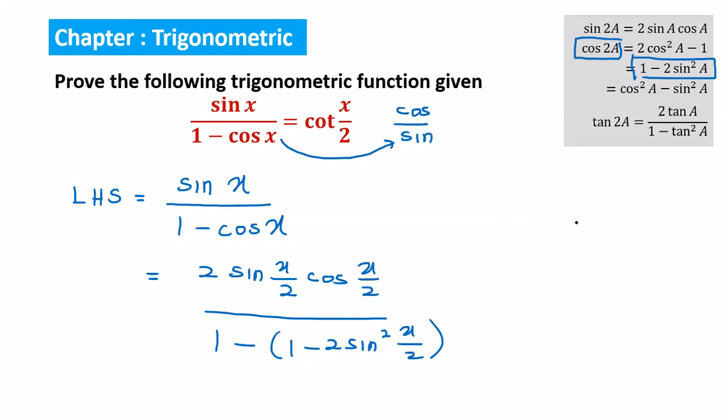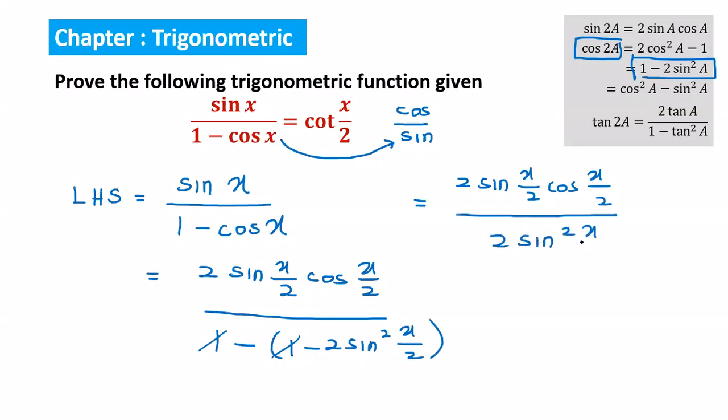So now we're going to simplify the whole thing. 2 sine x over 2 cos x over 2, over, class, when you open this bracket here, the 1 minus 1 is going to be 0, right? This one is definitely gone. When you open the bracket, the negative becomes positive. So you'll have 2 sine square x over 2, right?